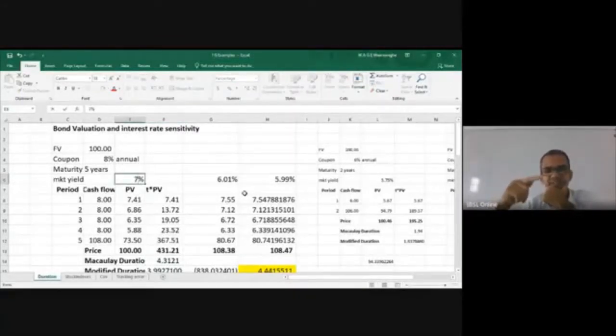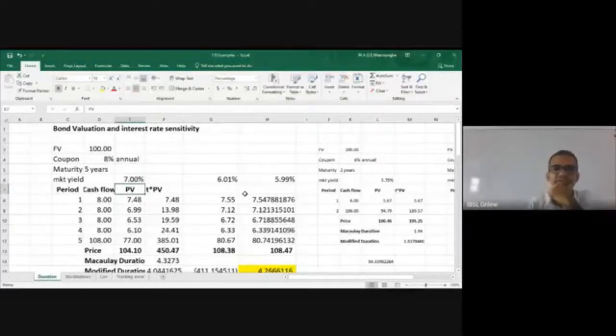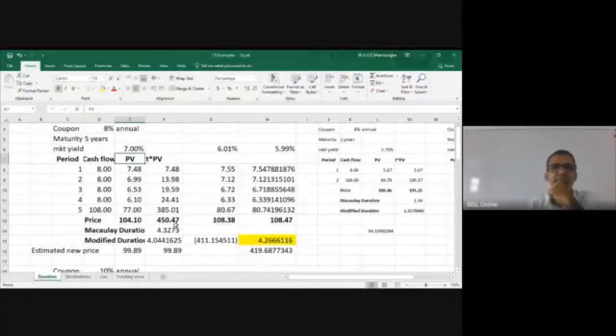Yield decreases, so you should get higher modified duration. When the yield is 7%, modified duration is 4.05. Now you can see when the yield decreases, modified duration increases.